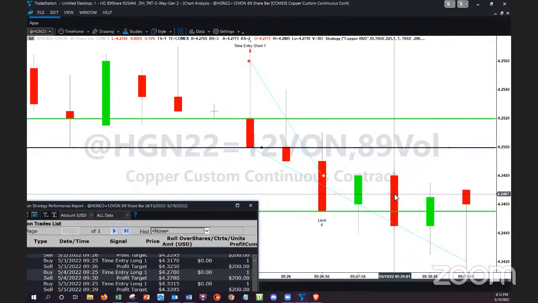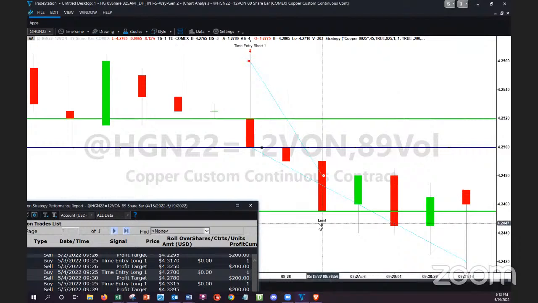So it balanced the number of red candles versus green candles, and so it didn't trade. It doesn't show it as a trade, and so we don't show it as an entry. However, in reality, it actually entered.